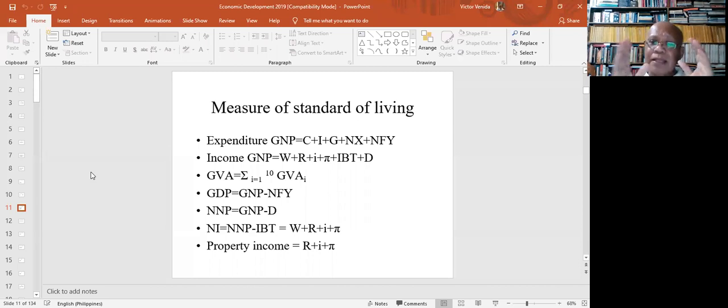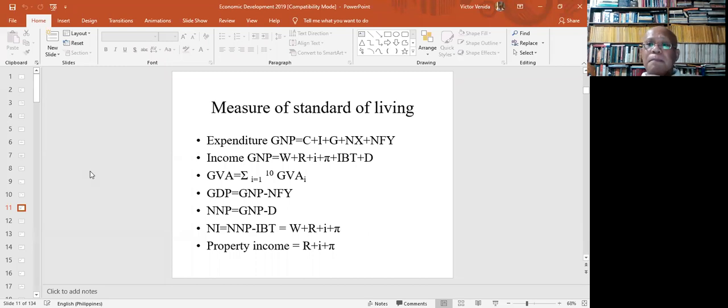Now, rent is the payment for the use of the space of those who own land, units in buildings, and the like. In order to produce goods and services, you need space. So the rental is a payment for those who own the space.